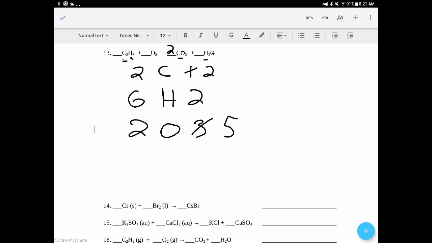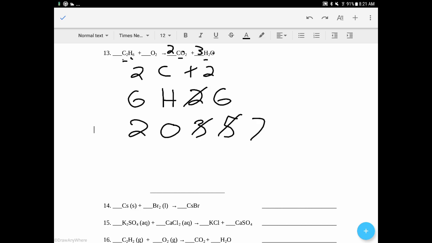Now let's balance the H's. We have 6 on the left, 2 on the right. So if we put a 3 here, okay, that means we now have 6 H's, and that changes our O's to 7.